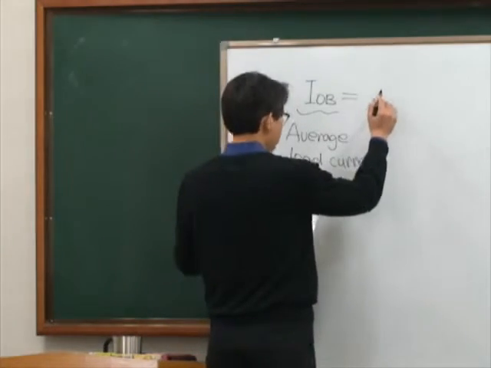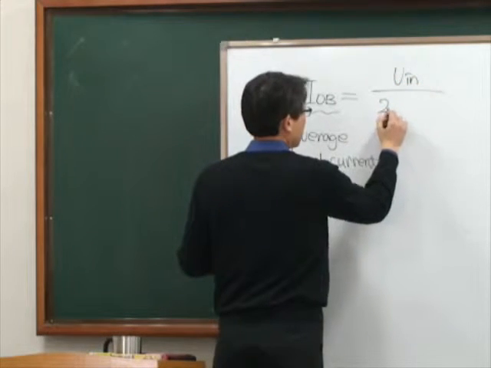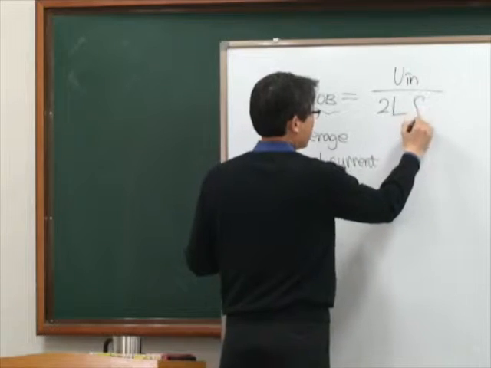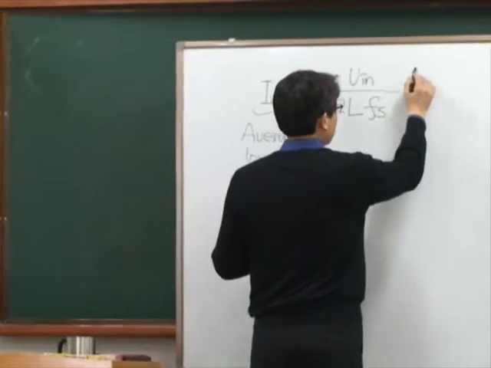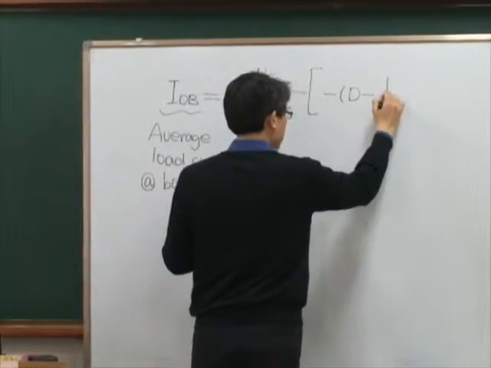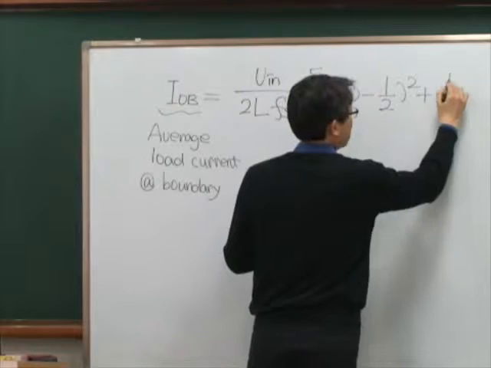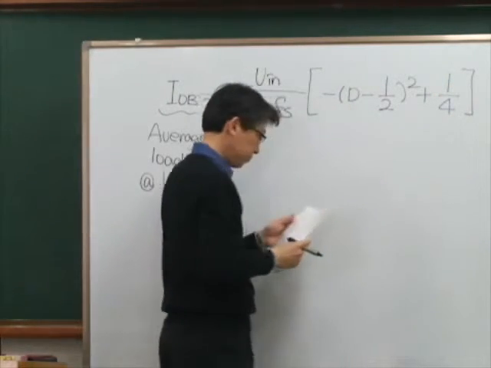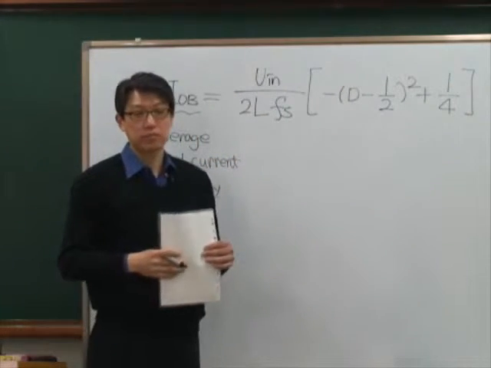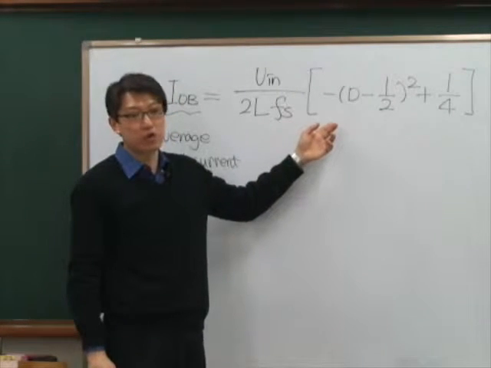And this was, we input 2L switching frequency, duty minus half squared plus quarter. Okay? I think now most of you are familiar with this kind of expression.